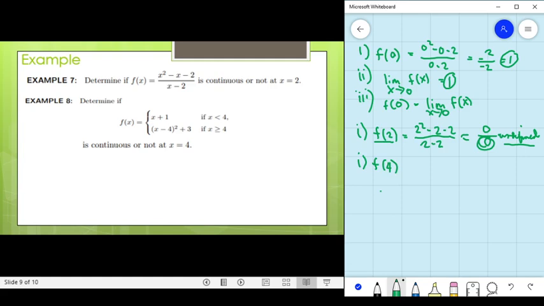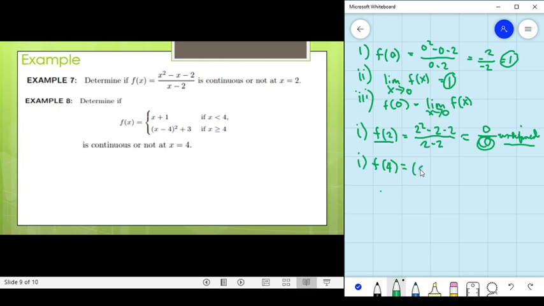So since this is a piecewise function, we are given two conditions: if x is less than 4, the first function will be used. Since we're to test for f of 4, the second condition will be used. So we have to substitute the x in here by 4.